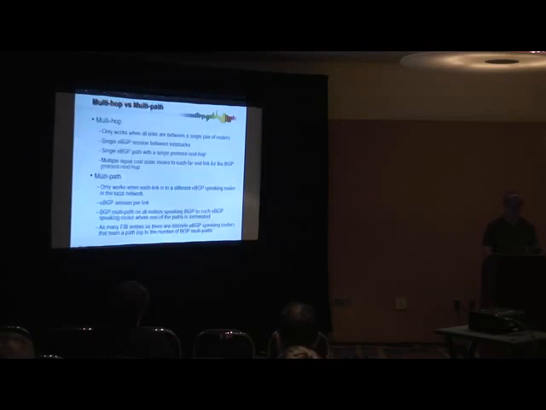If we do a comparison of multi-hop versus multi-path, we'll note that multi-hop only works when all of the links are between the same pair of routers, and we must have only a single eBGP session. That single eBGP path has a single protocol next hop, and that next hop is reachable by equal cost static routes. Multi-path can work when the links are on different eBGP speaking routers in the local network.